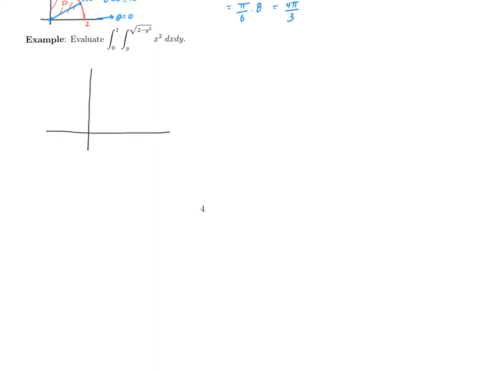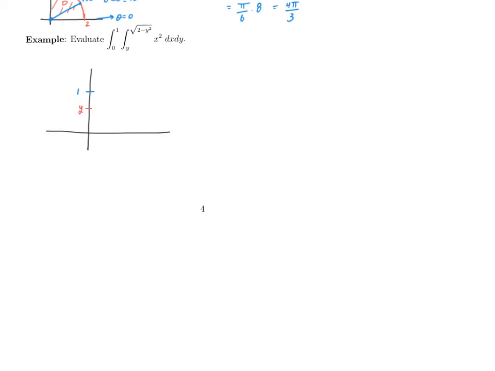So note, working our way from the outside in, the y values are varying from 0 to 1. That is giving us this horizontal strip, which is where our region will be located. Now for a value of y between 0 and 1, we need to think, how do those corresponding x values vary?